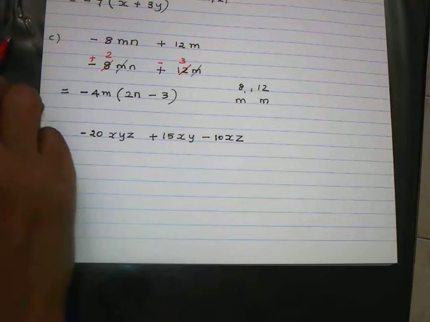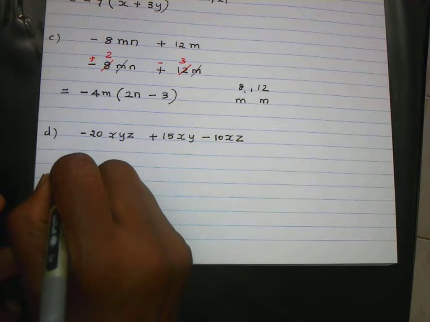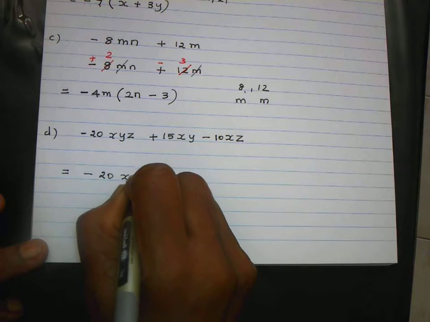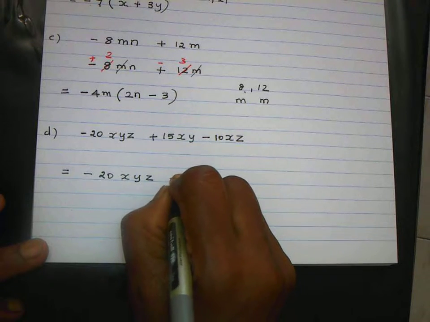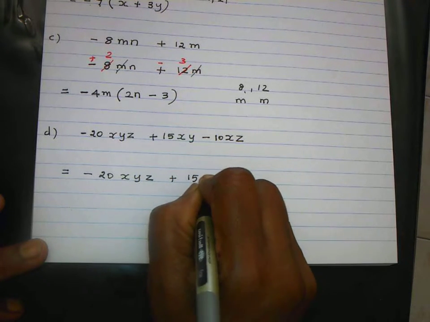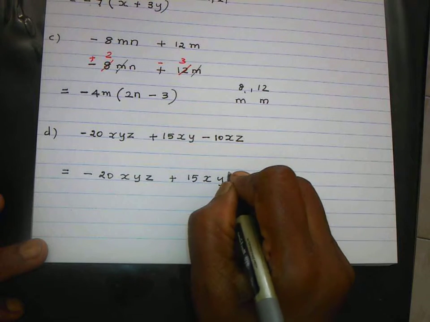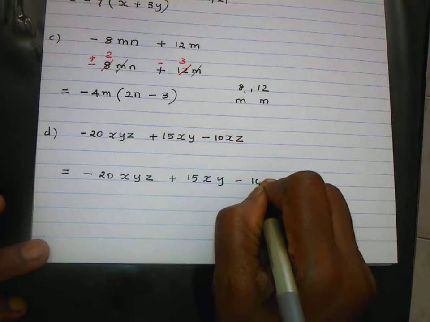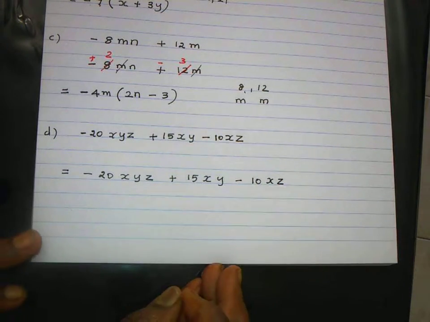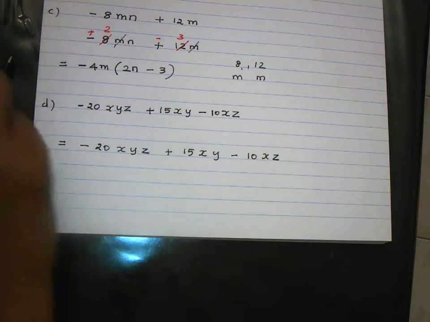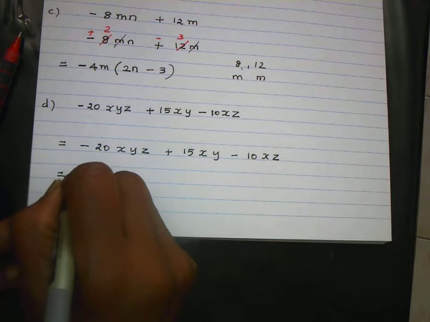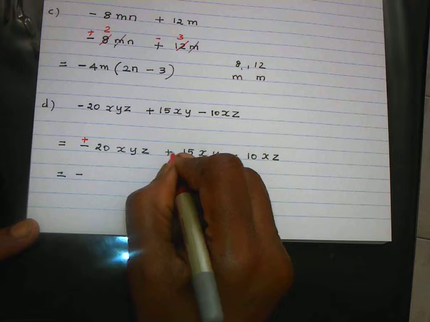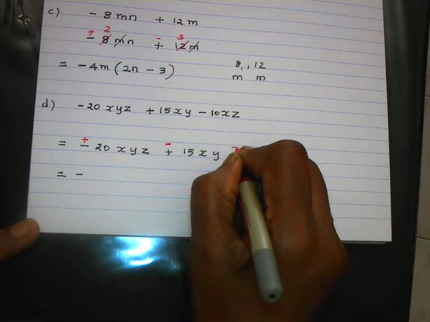I rewrite the question again so that it's easy to cross out some numbers. Equal to minus 20xyz plus 15xy minus 10xz. Okay, first I have to take the minus outside, so obviously the minus goes out. That means this sign becomes plus, this becomes take away, this becomes plus.